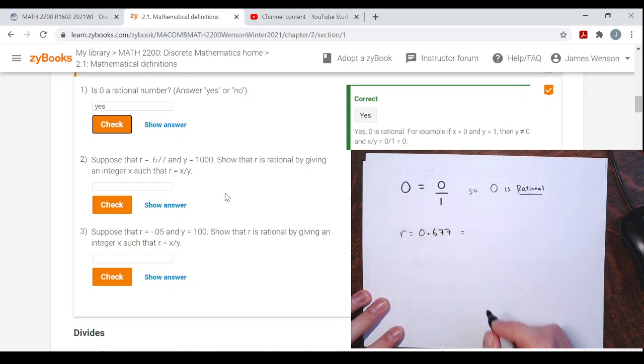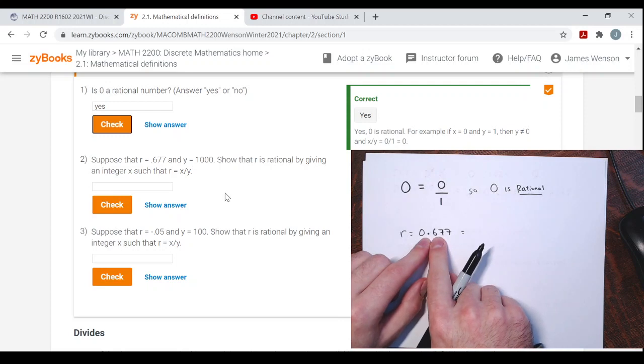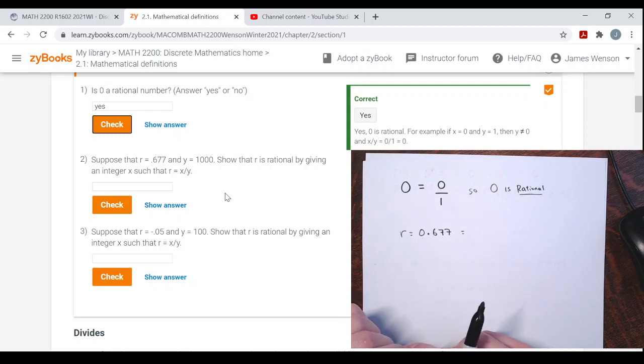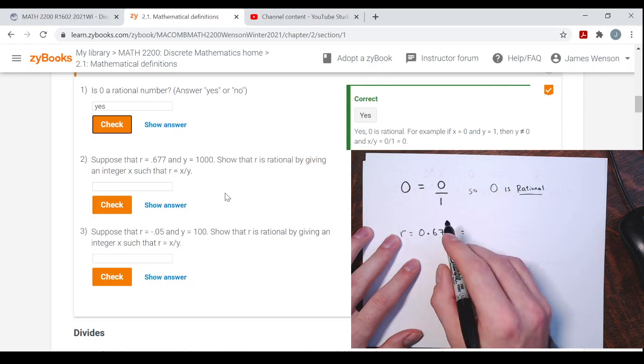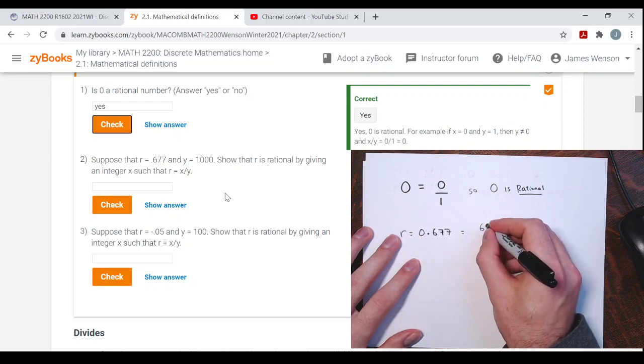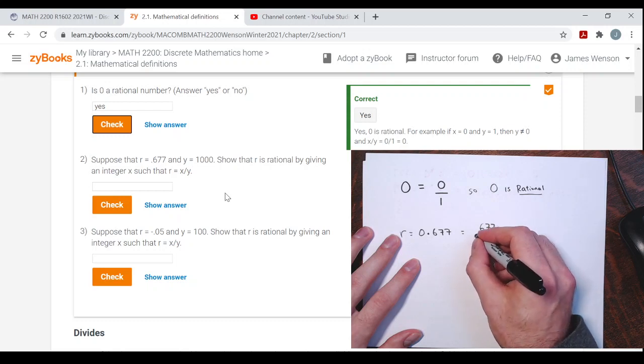Any decimal that ends can be written as a fraction, or that repeats as well. You can see repeating decimals can also be rewritten as a fraction of two integers. This ends in the thousandths place. Tenths, hundredths, thousandths. So this is equivalent to 677 divided by 1,000.